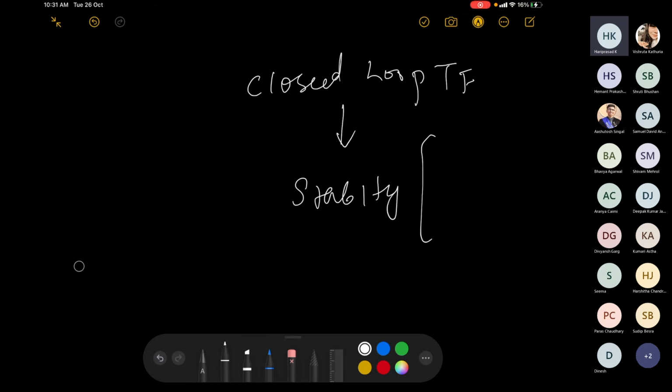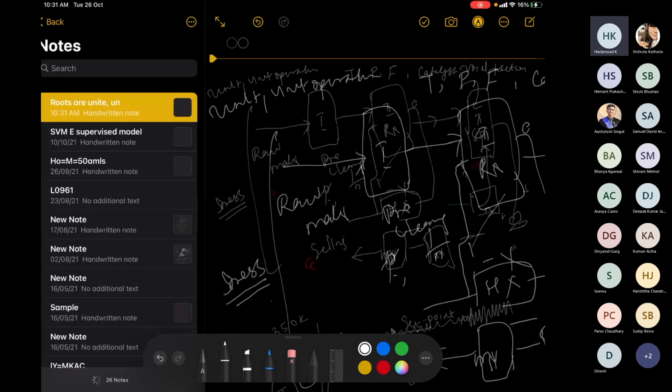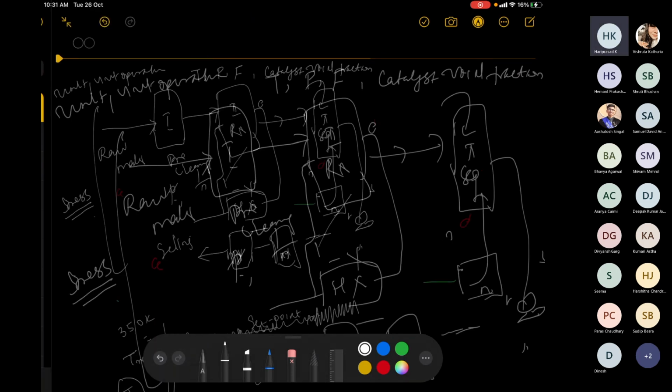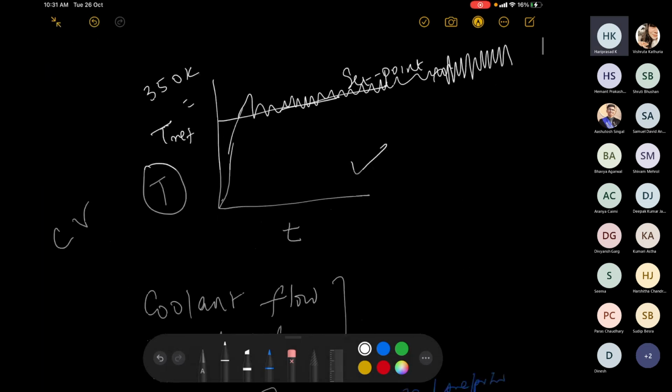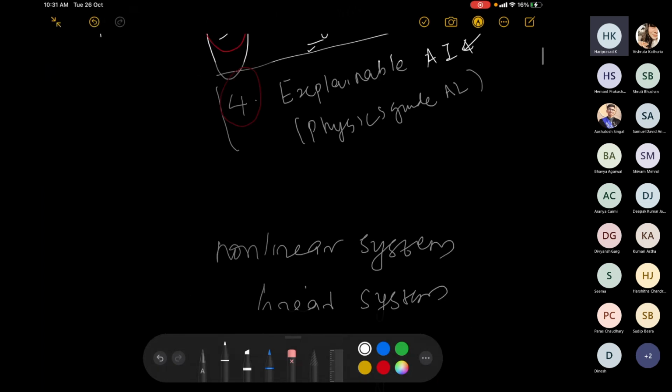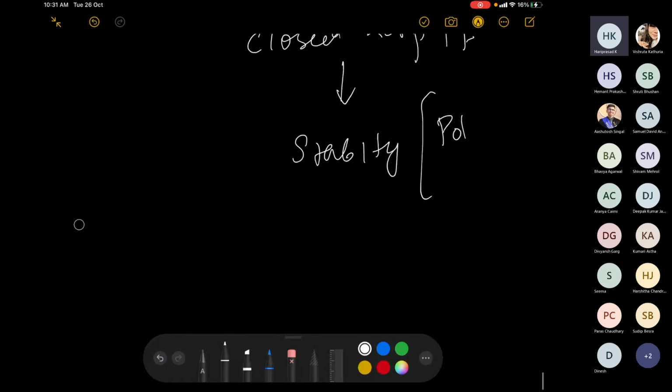Basically, it is the pole locations. I'll also tell you some additional information.